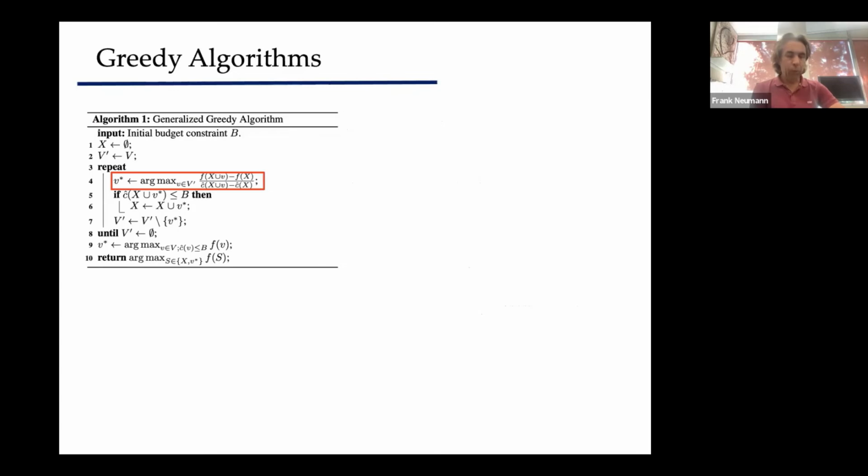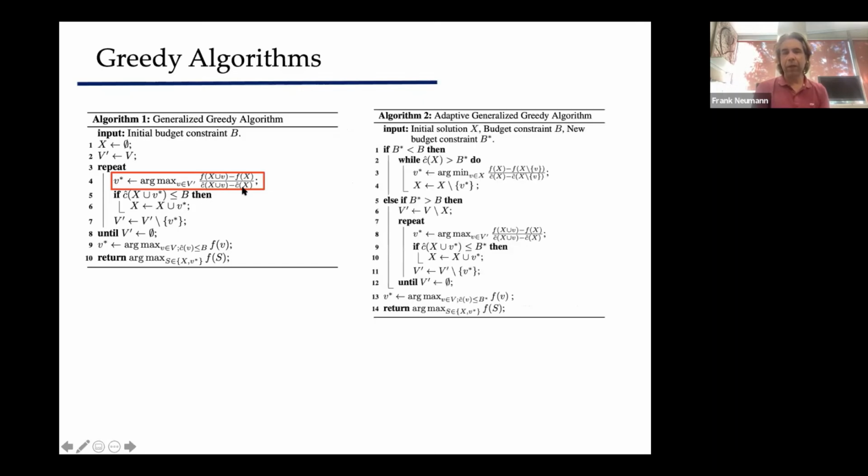Okay, we looked into that in terms of what greedy algorithms would do when you adapt this. So greedy algorithms here, if you have your initial budget constraints, would just go for maximal gain with respect to the function value relative to the cost that you have to pay. And this adaptive one would then, if you're exceeding your budget, just throw out elements according to this criterion or add new elements in.